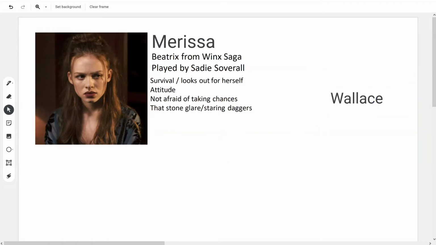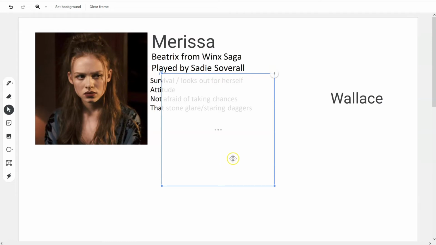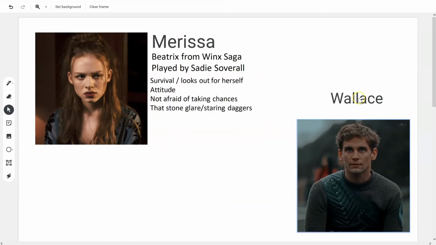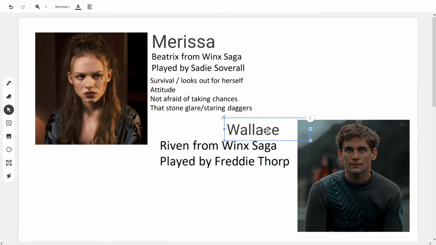Okay, I'm going to stick with the Winx Saga just because it's kind of fresh in my mind because I really enjoy this show. So in the Winx Saga show, this is Riven, the character. His name is Riven. He's played by Freddie Thorpe, who does an amazing job.